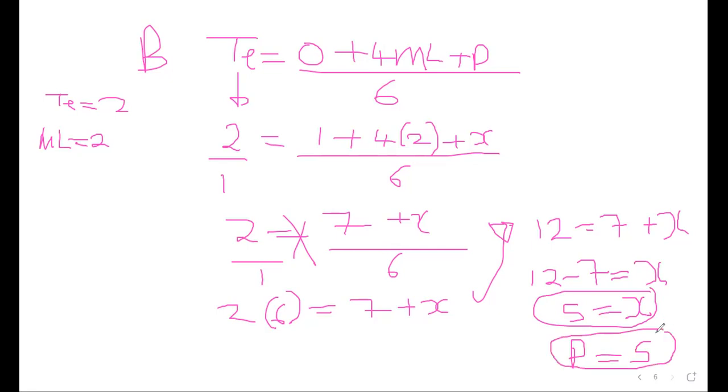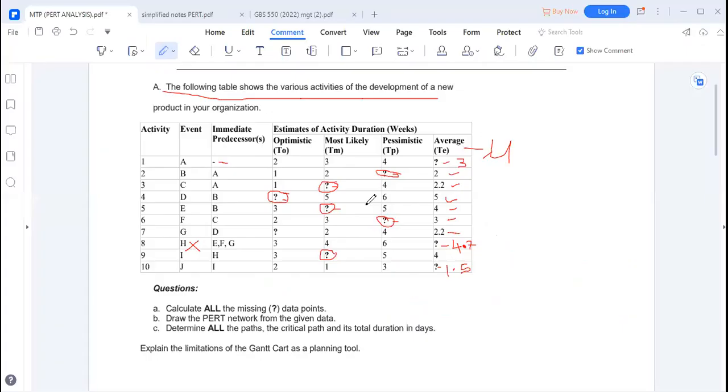So the other activities, we need to also sort them out with the other missing parts, depending on the information given in the question, using the formula. But what is very, very important is to get the time expected.